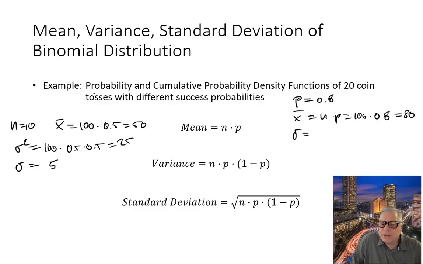The variance would be 100 times 0.8 times 0.2. So that would be 80 times 0.2, that's 16. And the standard deviation would then be the square root of 16, which would be 4.